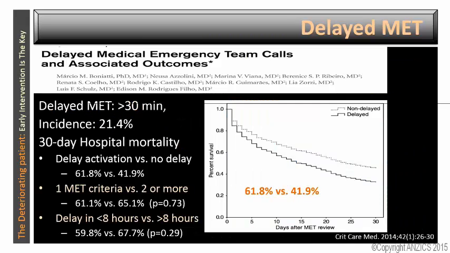This is another interesting study which not only demonstrated that delayed MET was associated with worse outcome, but also showed that whether you have one MET criterion or two MET criteria, the mortality did not change. Or if the MET was delayed more than 8 hours or 3 hours, it didn't change.